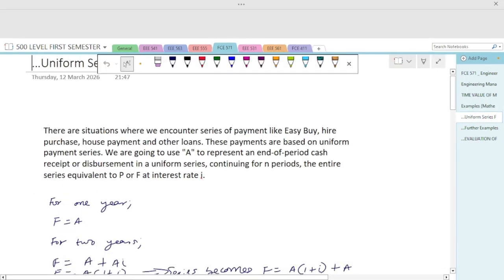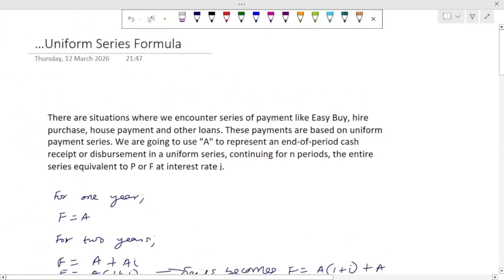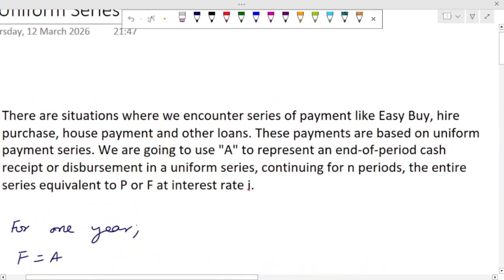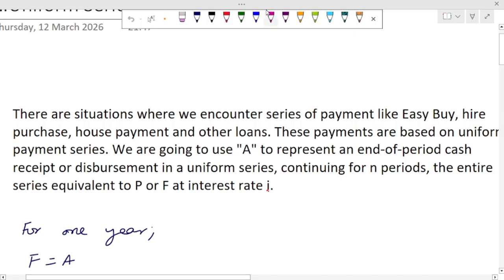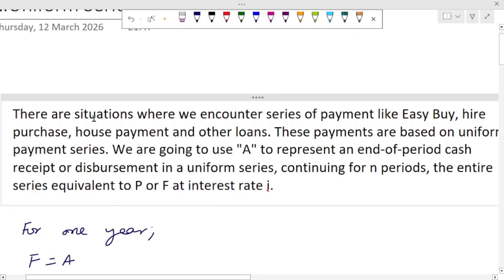Now, what if we have a situation where we encounter a series of payments, like Easy Buy? You'll be paying a fixed amount of money until it meets the amount you have to pay.